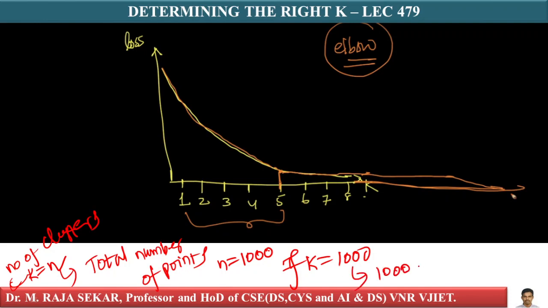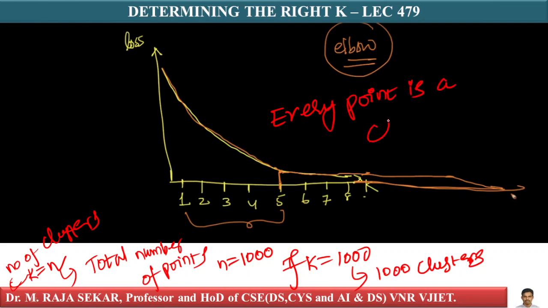What does it imply? It implies that every point is a cluster when k equal to n.